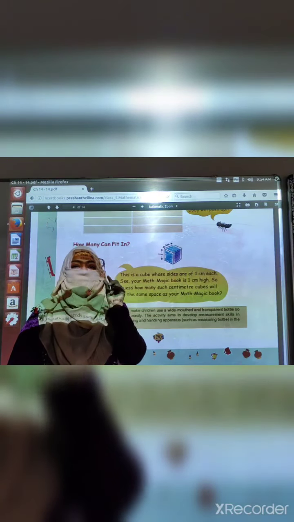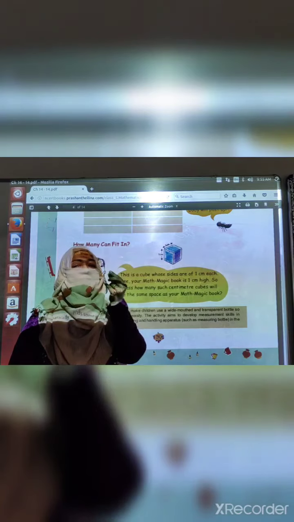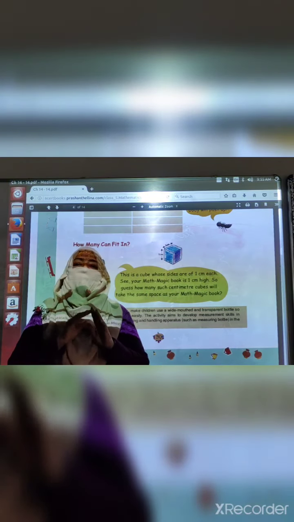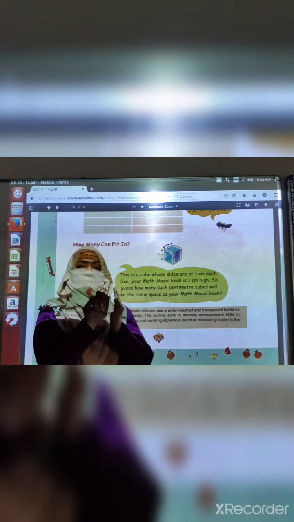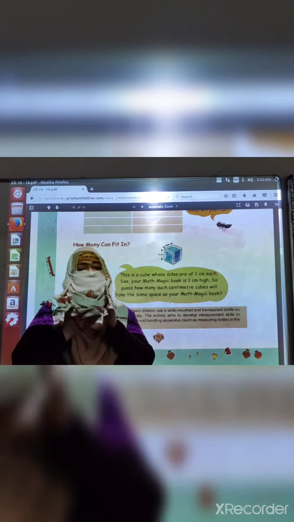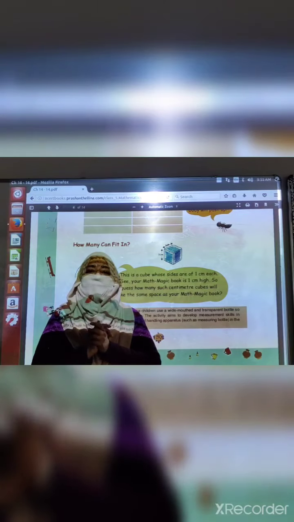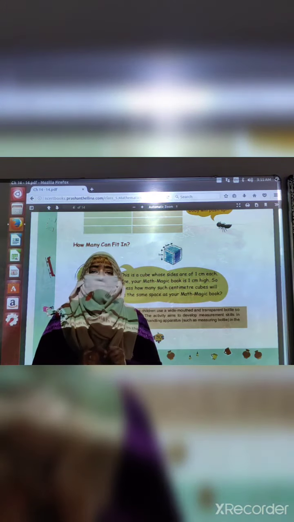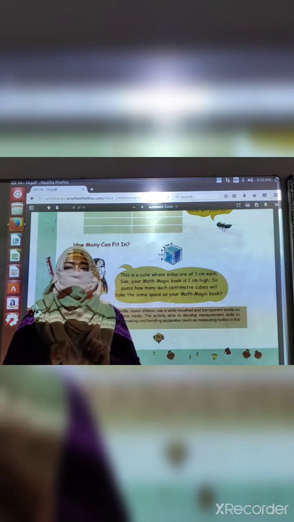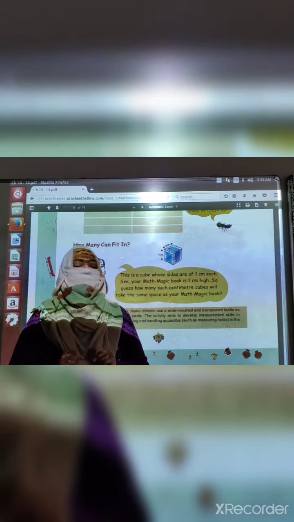Right? You can see that small dice has a square shape on every face: 1, 2, 3, 4, upper 5 and down 6. Right? 6 faces are there. And every face has the shape of a square. That is called a cube.